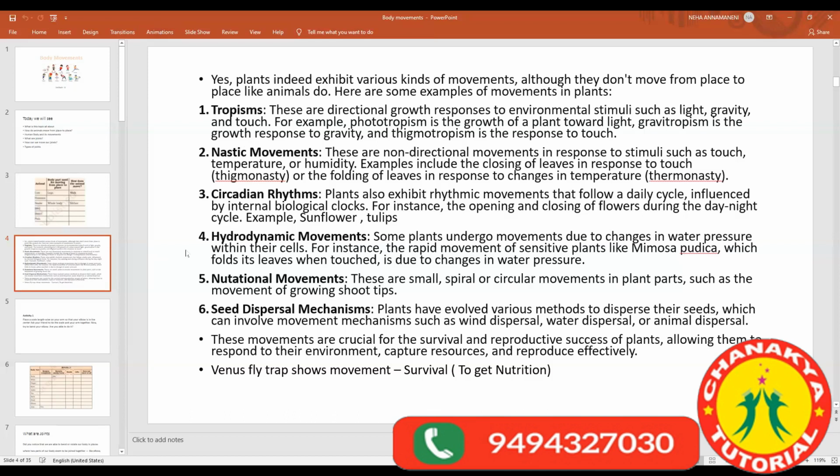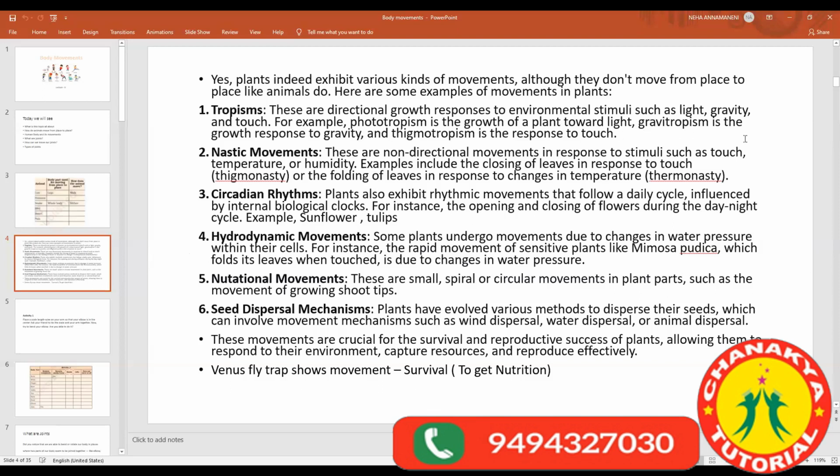They grow in a directional way. For example, phototropism. You know how a sunflower grows? It grows towards the light, right? Yeah, to the sunlight. It's a great example of phototropism. It grows towards light.